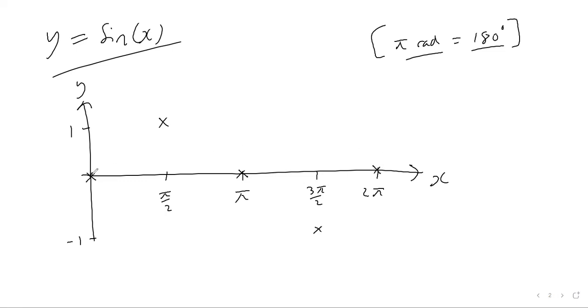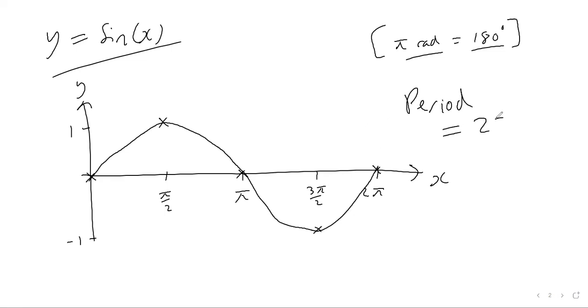So your sine graph goes in this kind of sine wave shape. You get a sine wave like this, roughly. So that's your sine wave. And the key thing with this sine wave is that the period is going to be 2 pi radians. So basically the wave repeats itself every 2 pi radians.